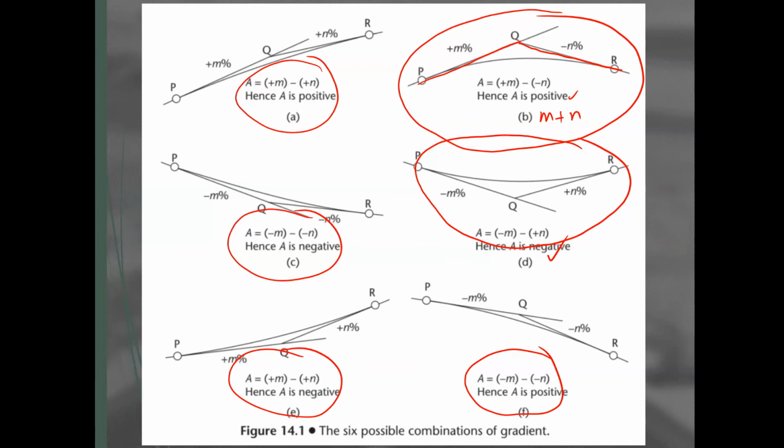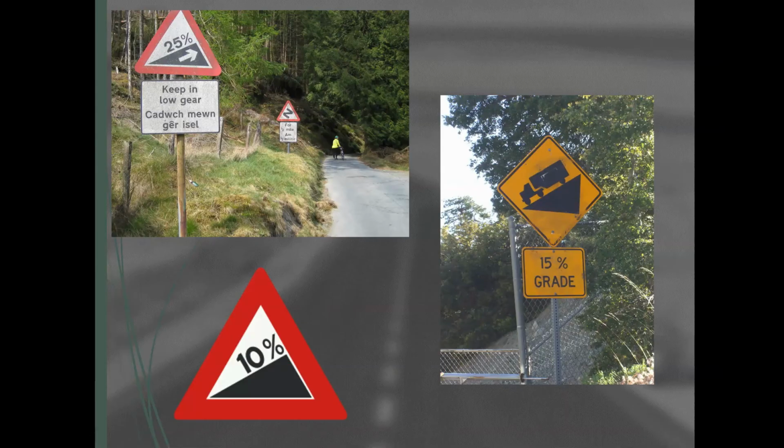So the algebraic difference is the difference between the two grades that meet either at a summit or a curve, whether it's type 1 or type 2. So always m minus n, put it that way. We will do some examples later so you can see clearly how this is done.